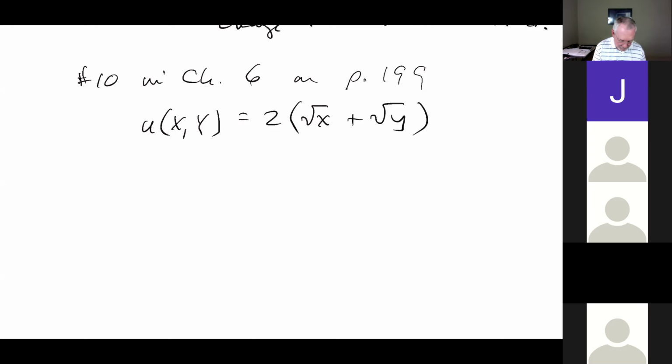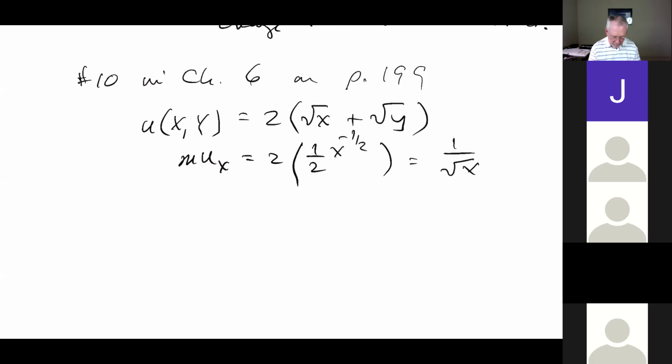Now, this yields marginal utilities of 2 times 1/2 x to the minus 1/2, and this simplifies to 1 over square root of x. And the marginal utility of y is going to be 2 times 1/2 y to the minus 1/2, which simplifies to 1 over square root of y.